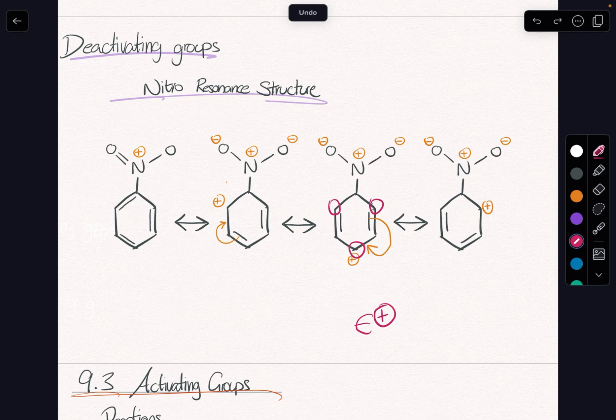So they're really, really not going to be attracted to that point. Now, if you look at where the most negative point is on this ring, at this moment in time, you can see the positives in this position here and this position here, if you jump between all three of these. Which means that these 2 points right here are always the most negative point on a ring. And this is position number 3.